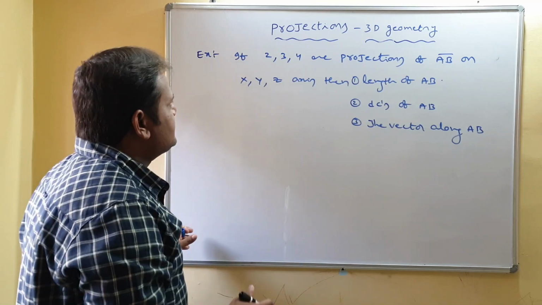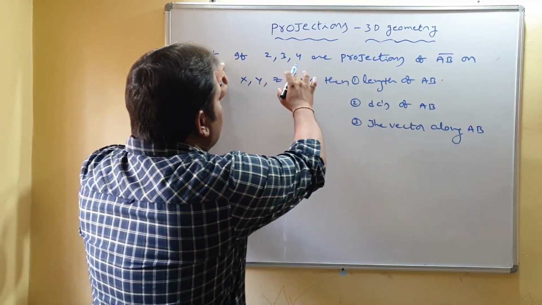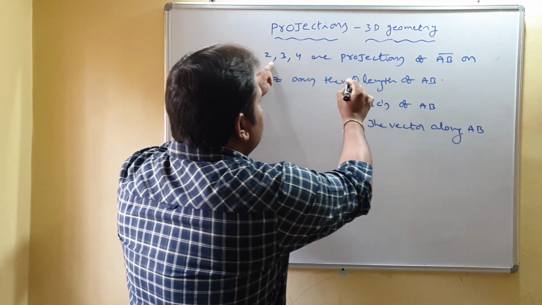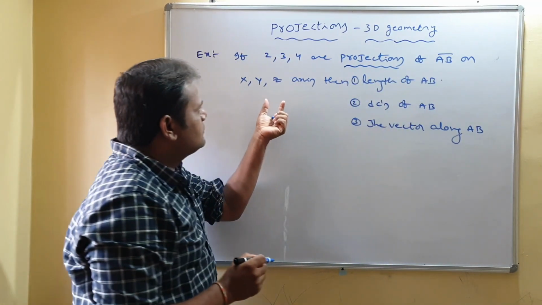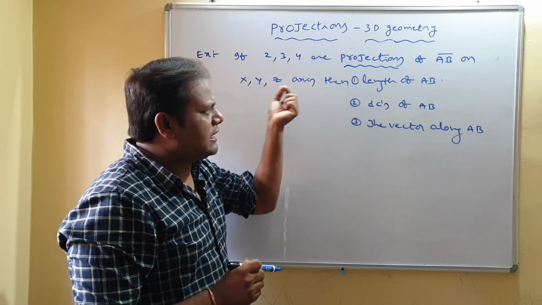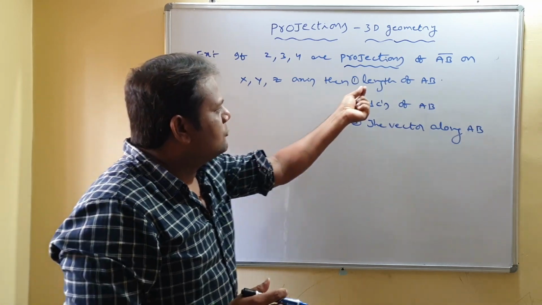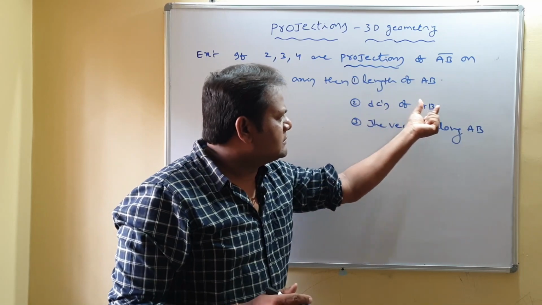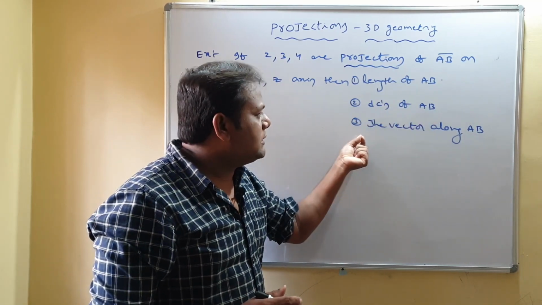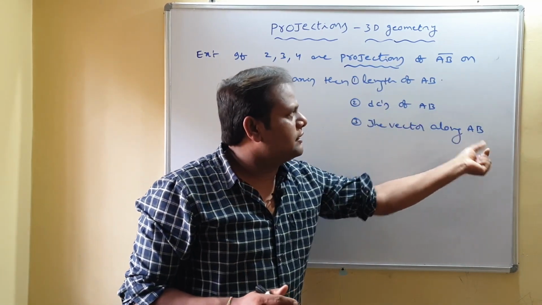See, coming to this example, if 2, 3, 4 are projections of AB on the x, y, z axes, then what is the length of AB, what are the DCs of AB, and what is the vector along AB?